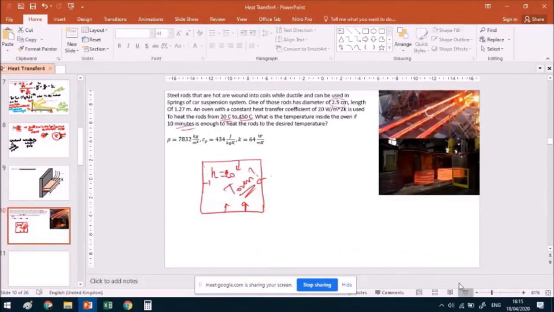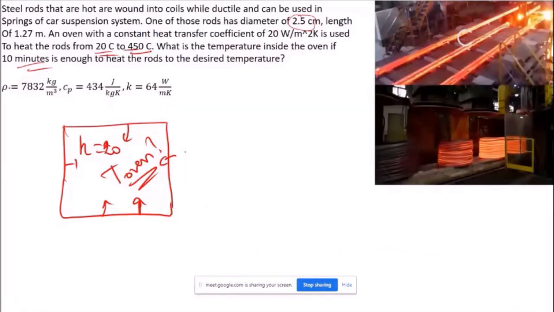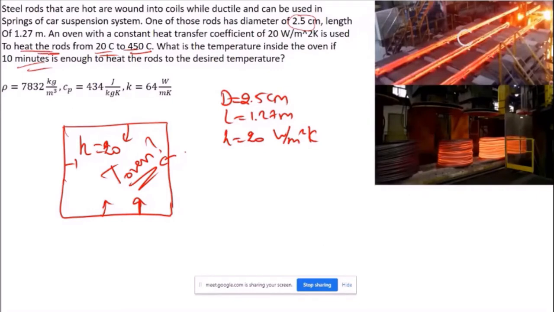Firstly, we should write the given values. First, the diameter is 2.5 centimeters. And you have L of 1.27 meters. And we have h of 20 watts per meter squared Kelvin, or degrees Celsius, it doesn't matter. We are heating the rod from 20 degrees Celsius to 450.